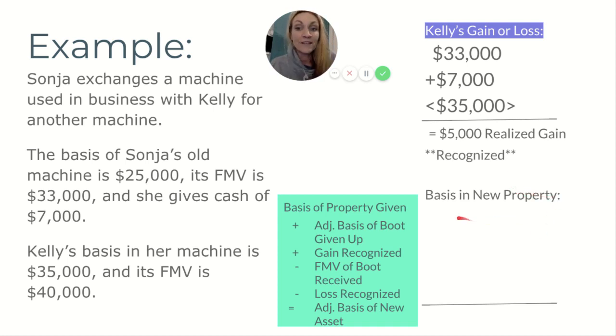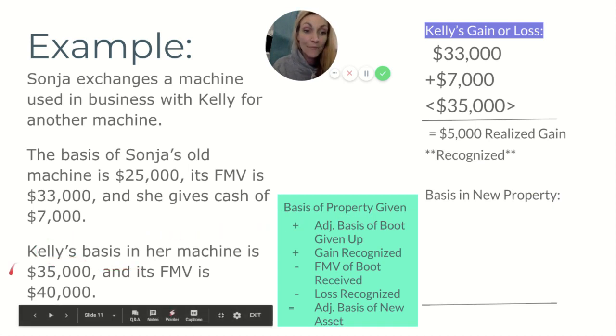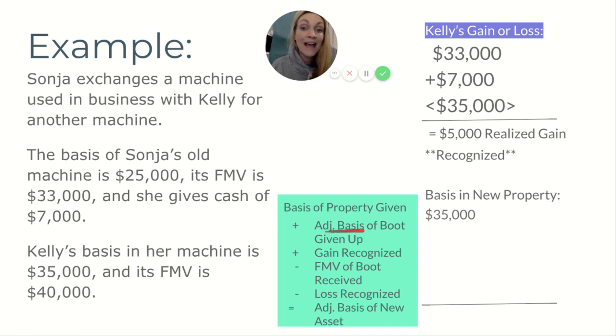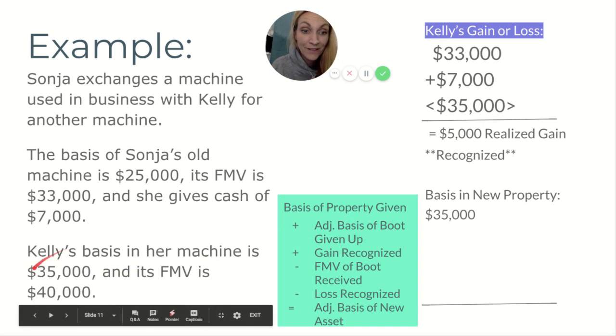Now the basis in the new property. We start with the basis of property given up. So Kelly gave up $35,000 basis. And then we need to add basis of boot given up. She didn't give up any boot, right? This is all of her information. So 0. Add gain recognized.